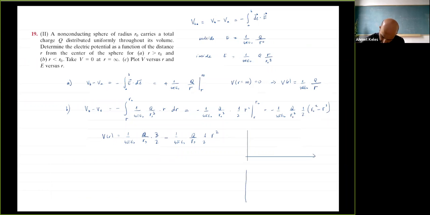So let this be E, let this be V, let this guy here be R naught. And for the electric field, inside it's increasing linearly. And when it hits the surface, it decreases with 1 over R squared.